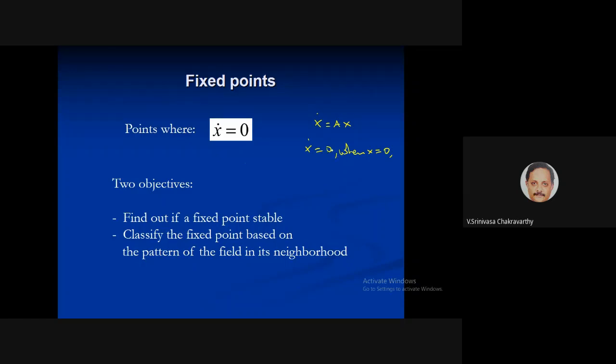That's a different matter, because if x is in the null space of A, that's a different matter. But if x is 0, x dot is definitely 0. So x equal to 0 is definitely a fixed point of the system. So now what we'll consider is: the fixed point, that is the origin, is it stable, and what is the behavior of the system around the origin. So let us look at that.